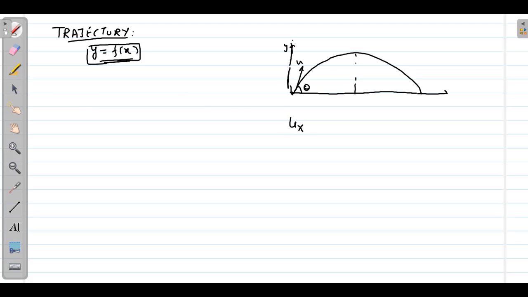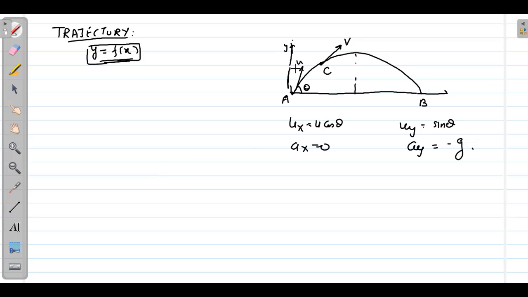We already found that ux equal to u cos theta, uy equal to u sin theta, ax equal to 0 and ay equal to minus g. If I take some point here, say this is A, this is B, and say this is point C, then velocity at this point is, let us say, v.